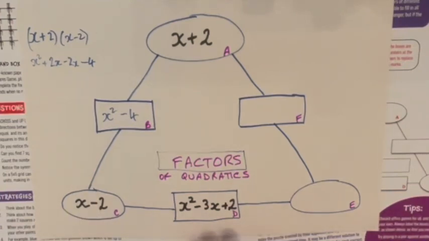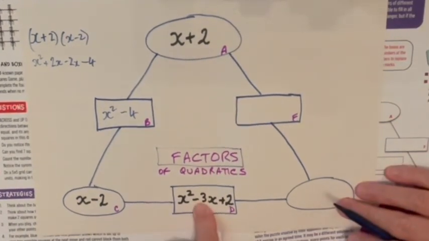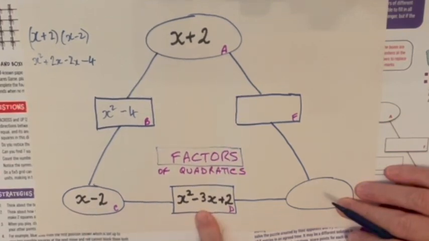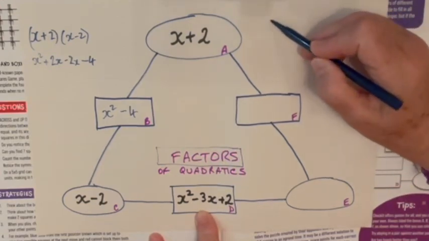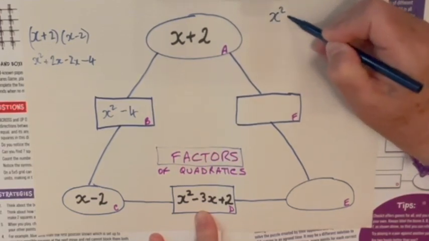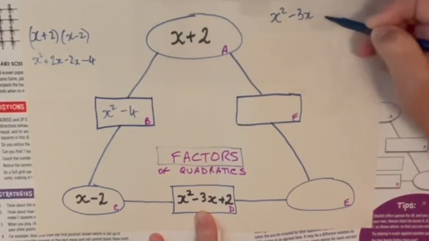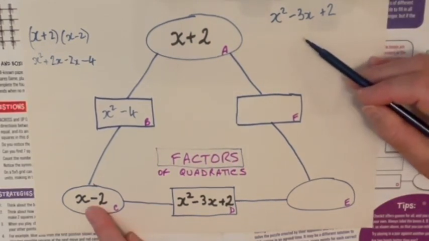What next? I've got to extract x squared, x minus 2 from here. I don't know how you do it, but I'm going to do it like this. I'm going to make x squared minus 3x plus 2.